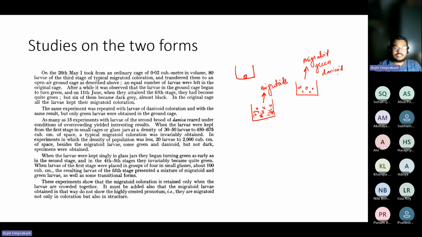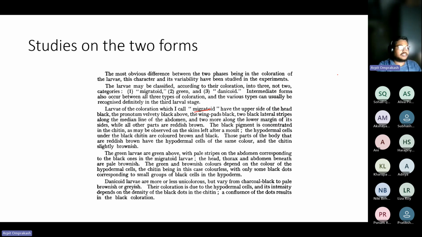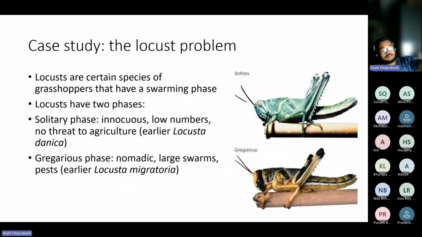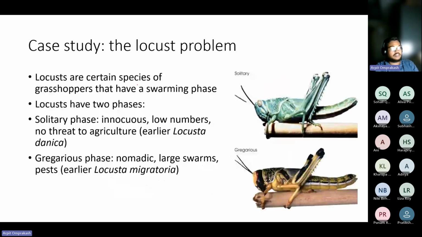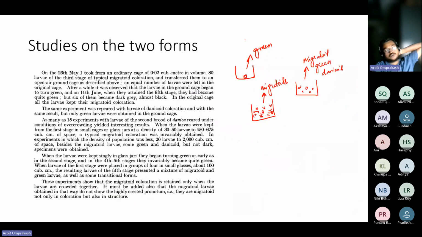So this is one of the initial studies. People were still thinking that these two were different species, not the same species. In this study, what Plutarch showed was that if you take larvae from either the danicoid or migratoid variants and grow them at different densities, the coloration changes.